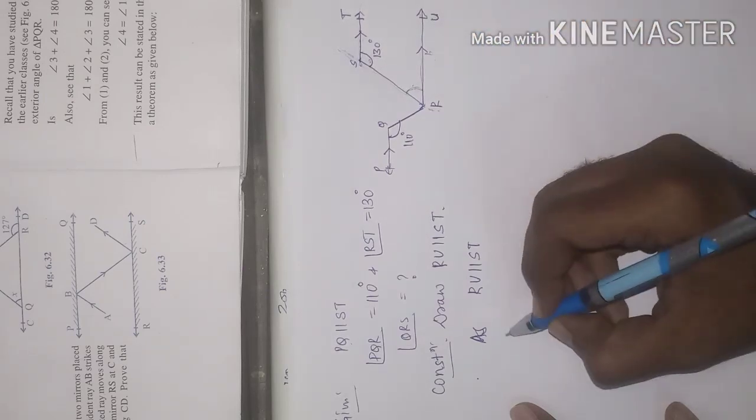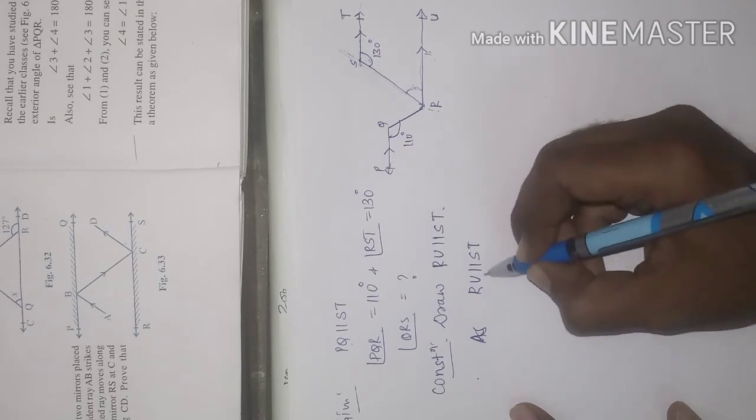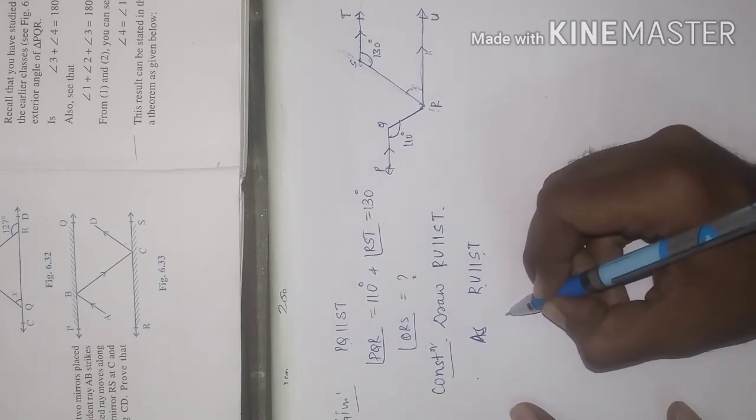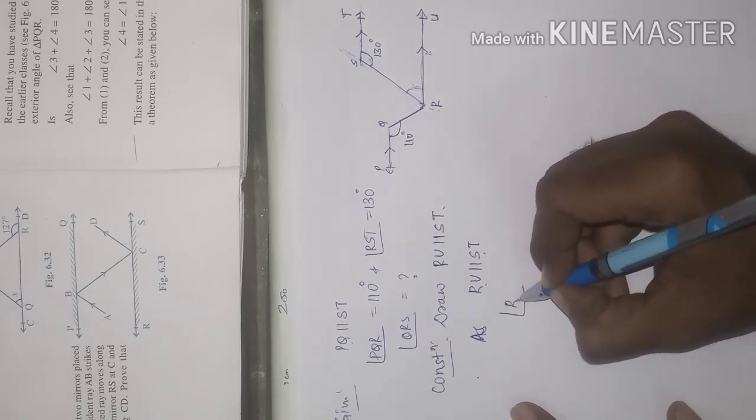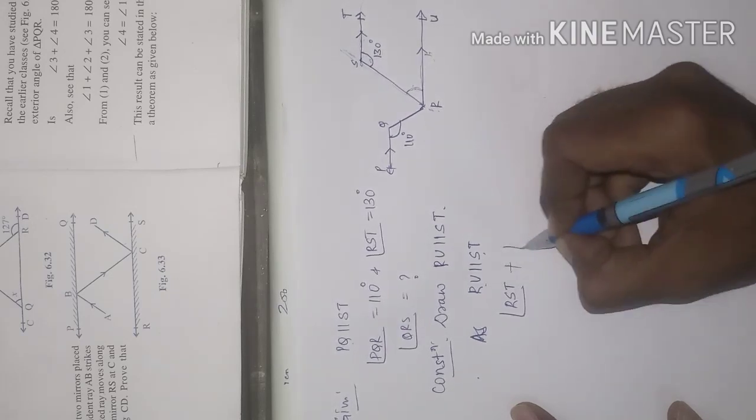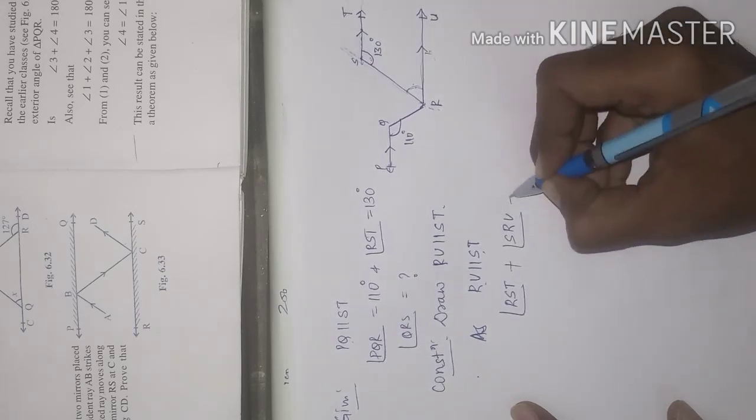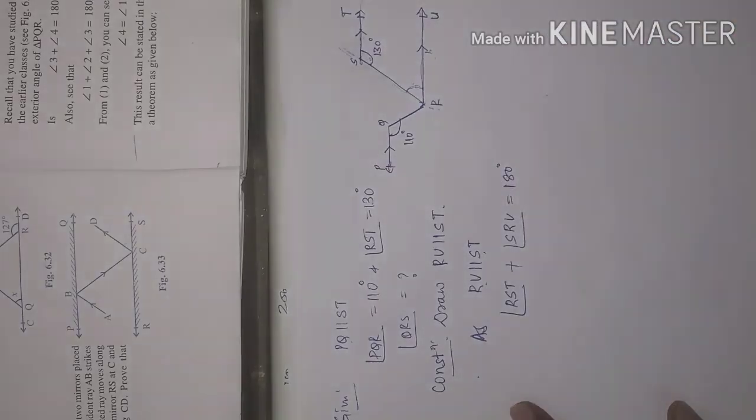Okay. Now, as RU is parallel to ST, it means what? Angle RST plus angle SRU is equal to 180 degrees.